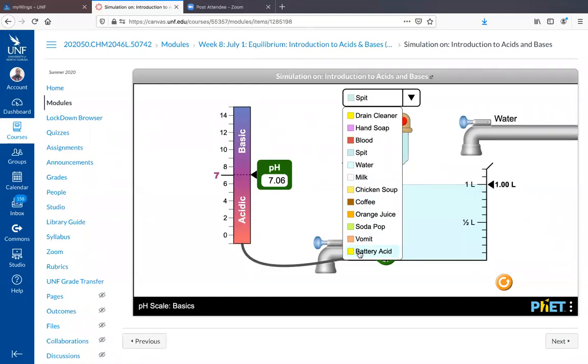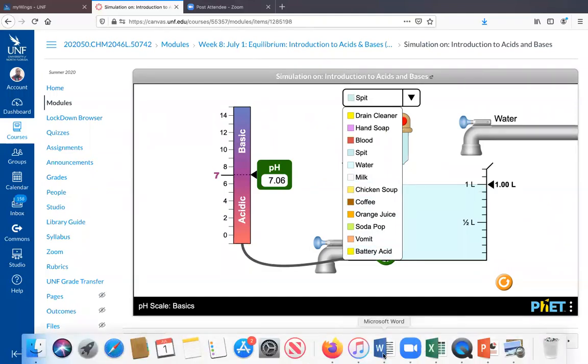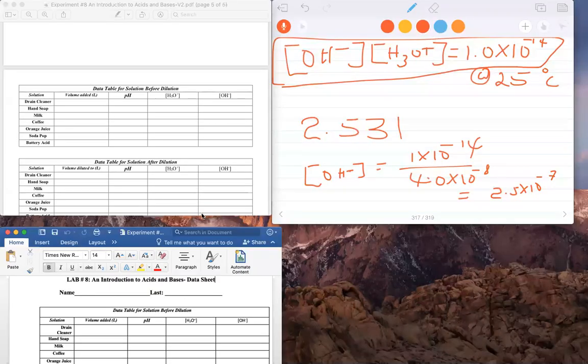You don't need to do 12. All you have to do is the ones you have on the data sheet right here. So we don't do all the substances on the simulation. I hope that answers your question.